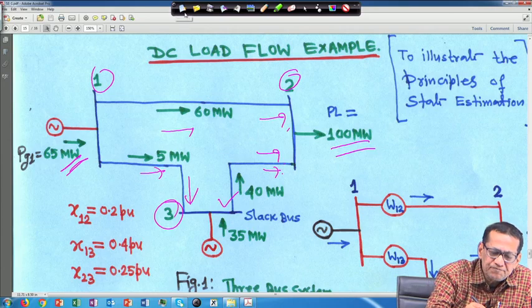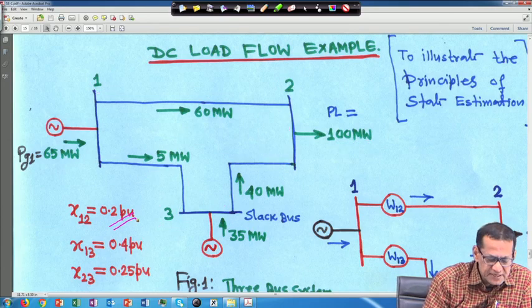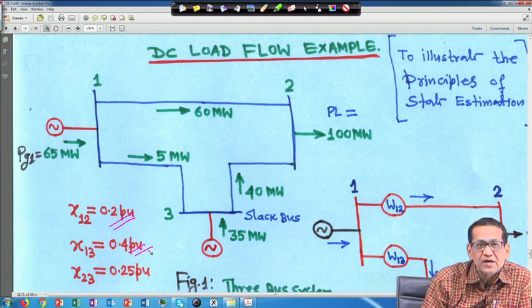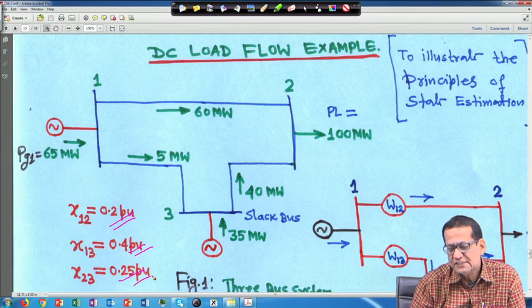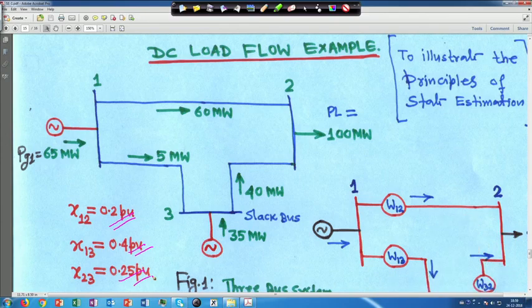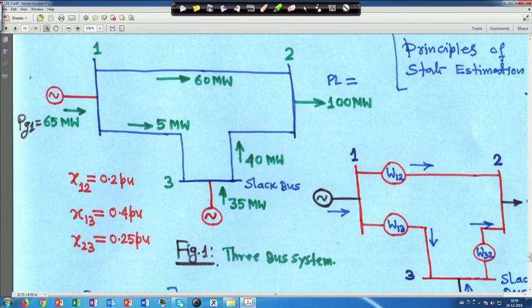Now, the reactances are given: x12 is 0.2 per unit, x13 is 0.4 per unit and x23 is 0.2 per unit. This will illustrate the principles of state estimation. Suppose we have connected 3 meters in 3 lines.